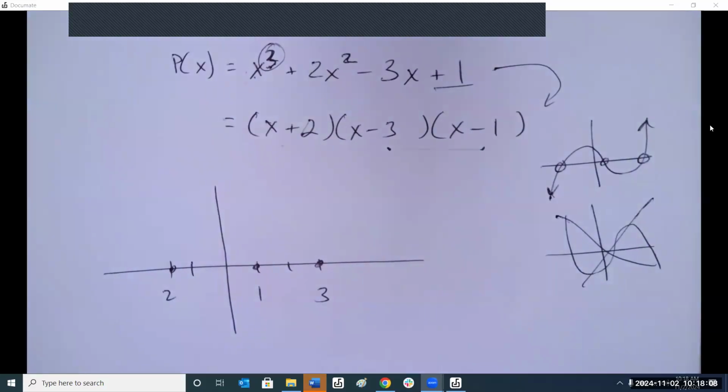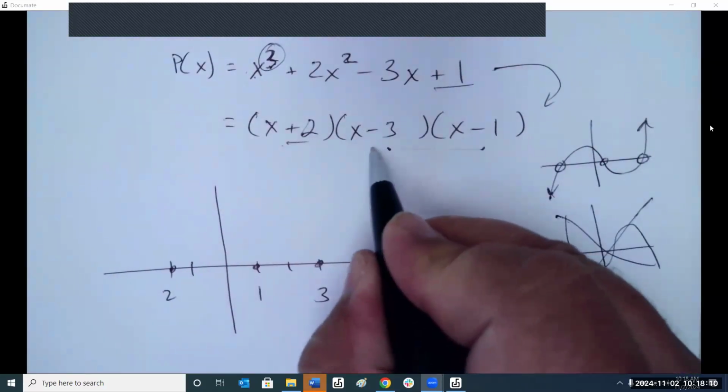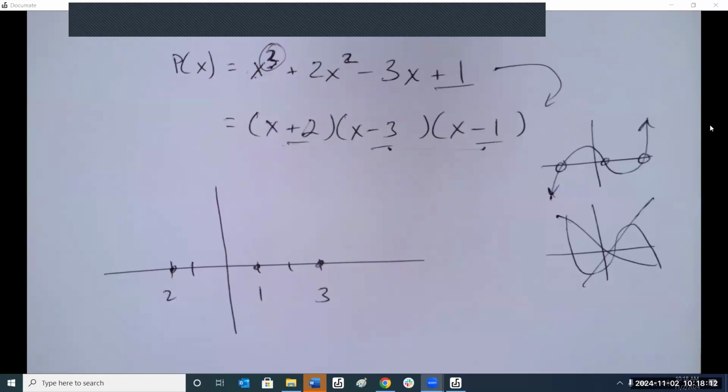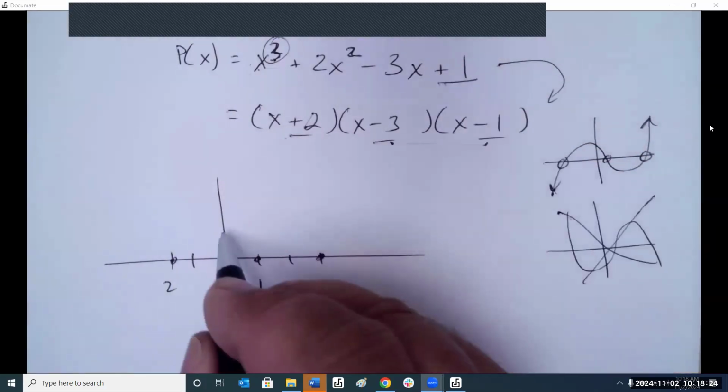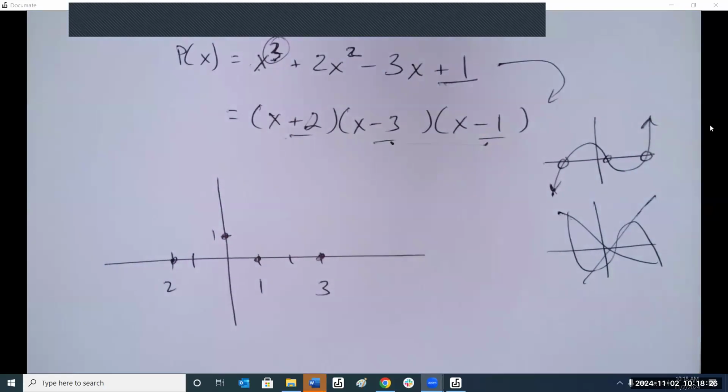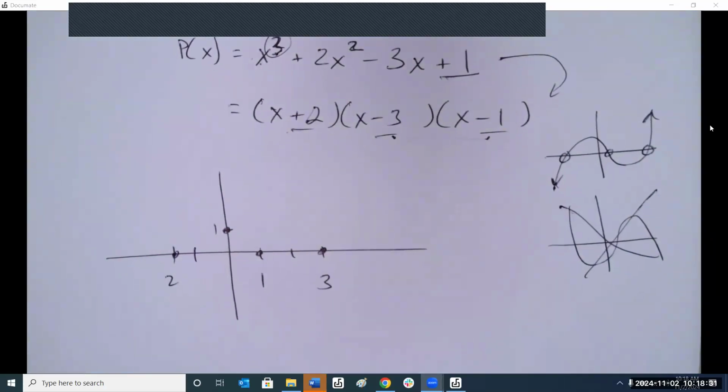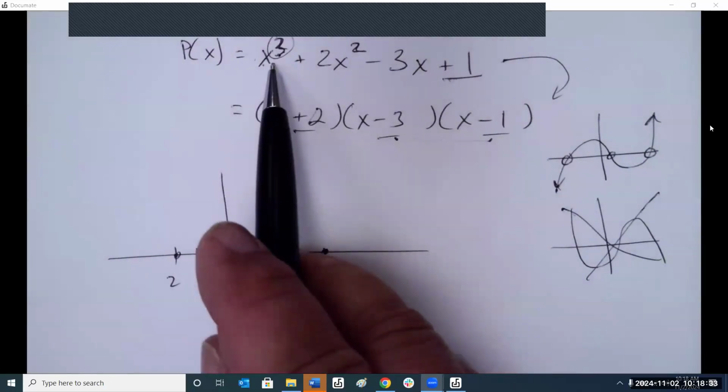Very good. -2, +3, +1. What's my y-intercept? Yeah, it's at 1. We know that it's a cubic equation.